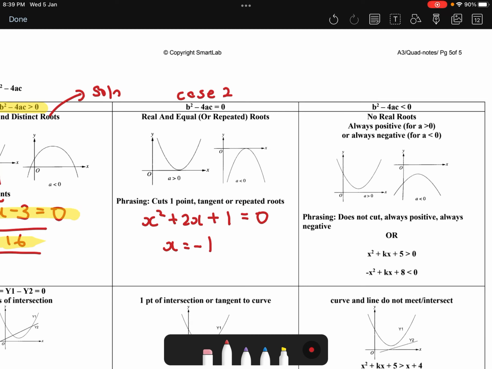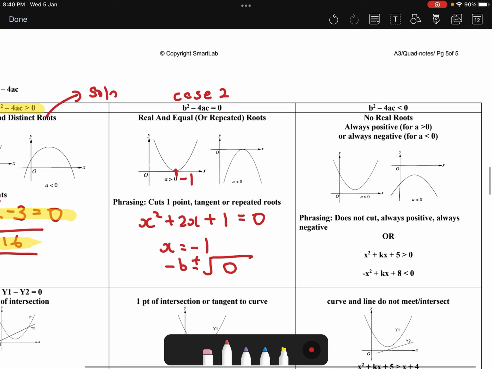For the negative b plus minus, whatever is inside the square root is 0. So if your b squared minus 4ac is equal to 0, you will only have one answer. As seen from here, this will be negative 1.